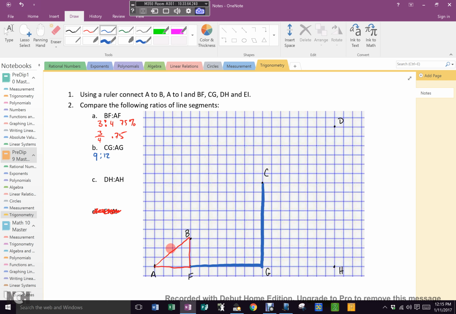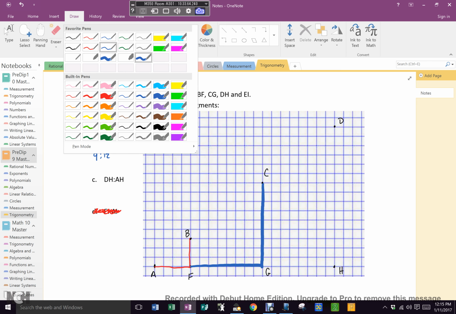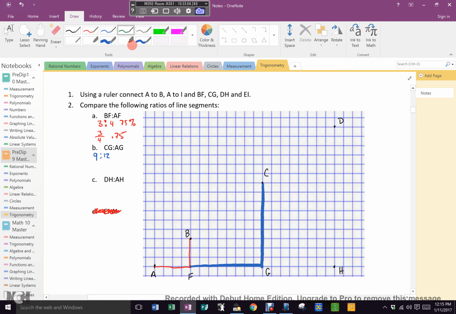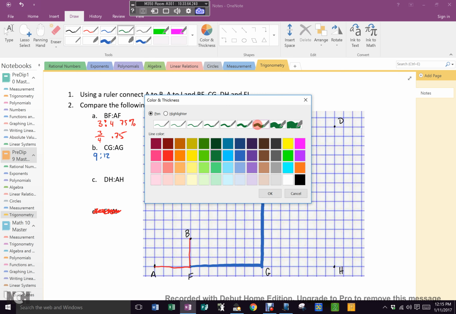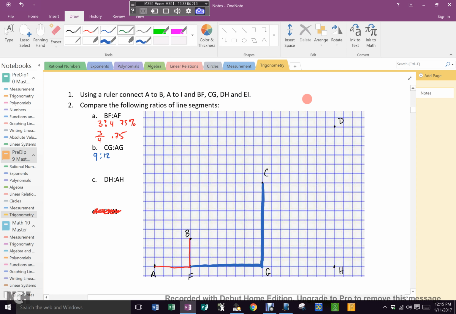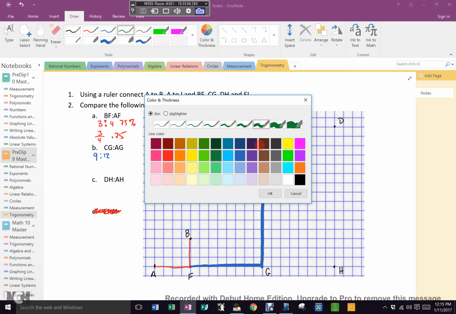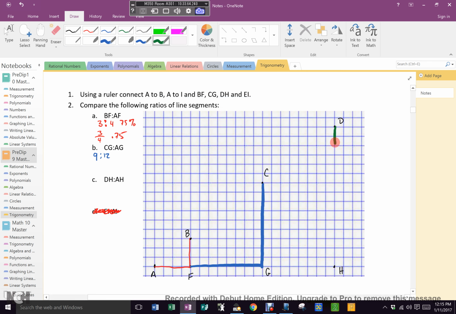Interesting. Okay. Well, what happens when I come along and I do the last one? What's the last one? D to H. All the way down here. How long is that? 1, 2, 3, 4, 5, 6, 7, 8, 9, 10, 11, 12, 13, 14, 15.